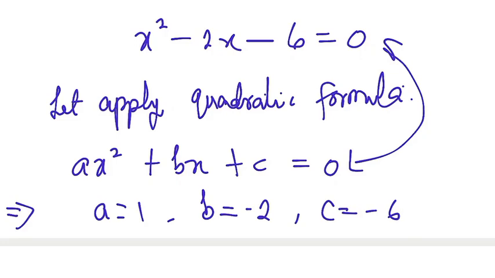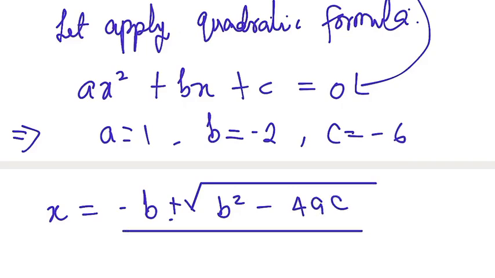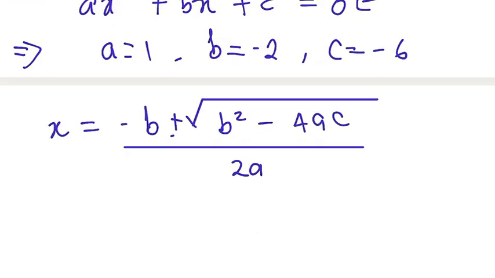And we have the formula to be x equals minus b plus or minus the square root of b squared minus 4ac, all over 2a. Now the next thing we need to do is substitute those values into the formula.